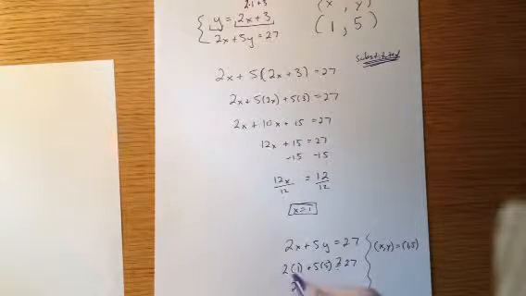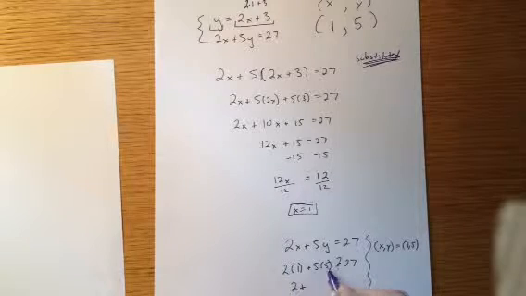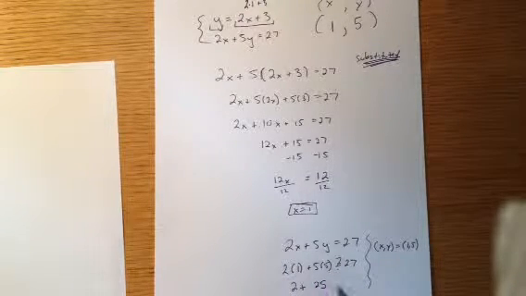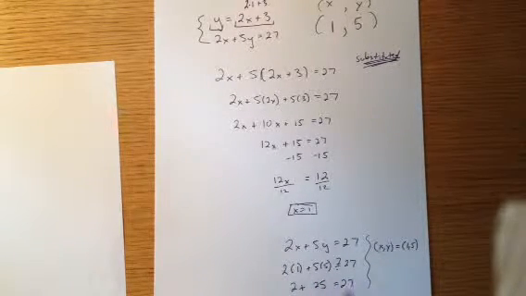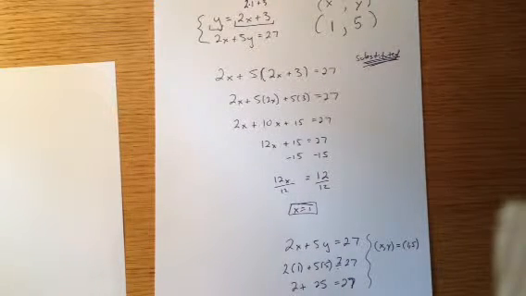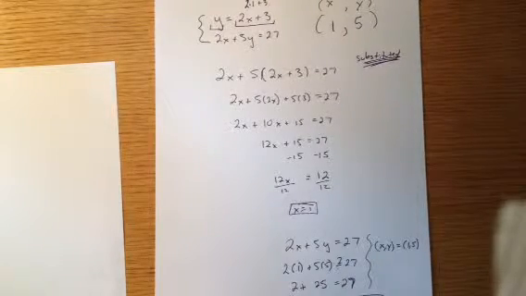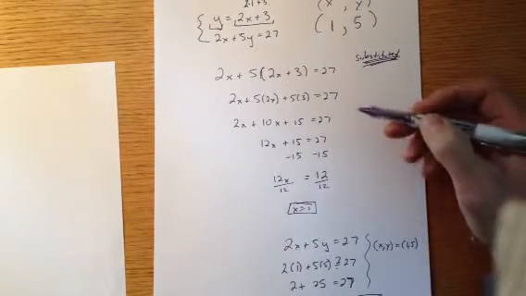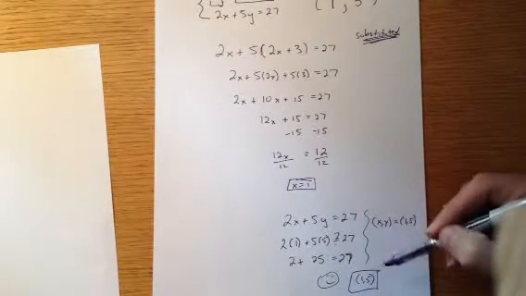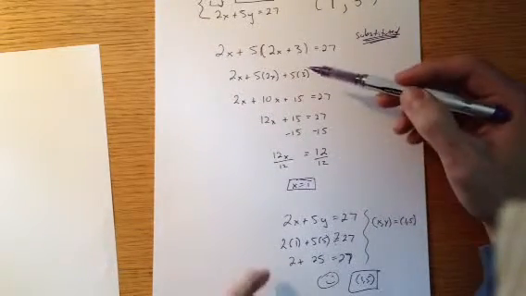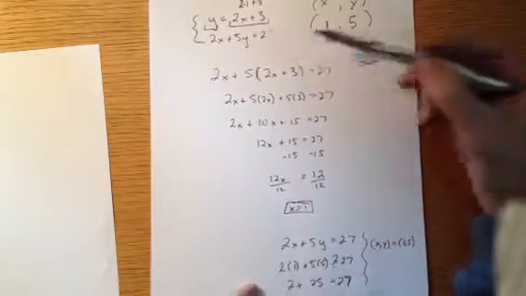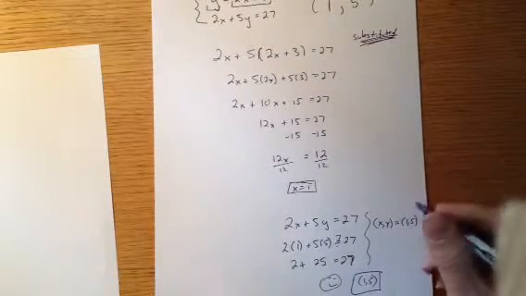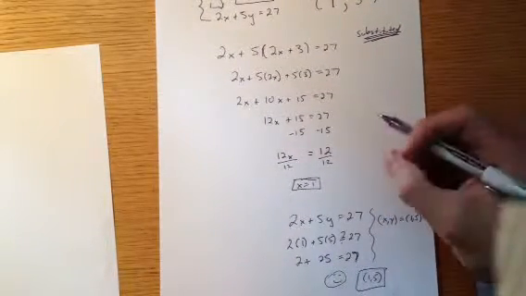That's 2 times 1 is 2, plus 5 times 5 is 25. Sure enough, right? 2 plus 25 is equal to 27, so I'm a happy camper. The solution 1, 5 works for both of the equations that we were given in the beginning. So we have solved this using the method of substitution.